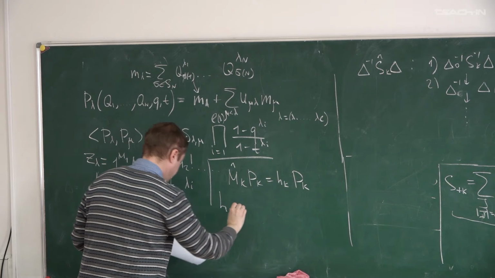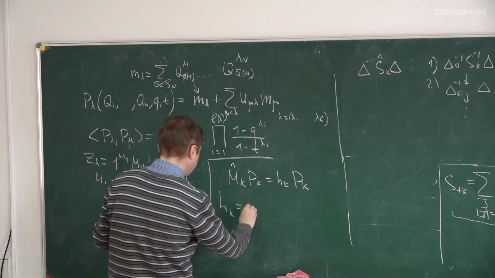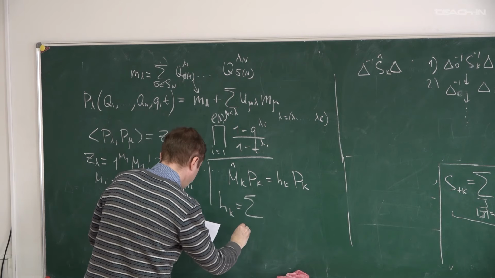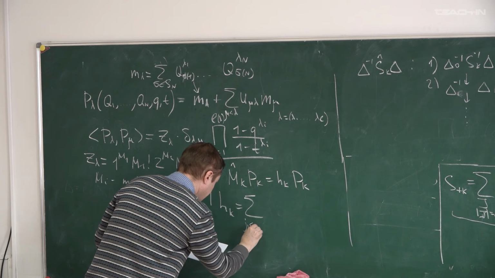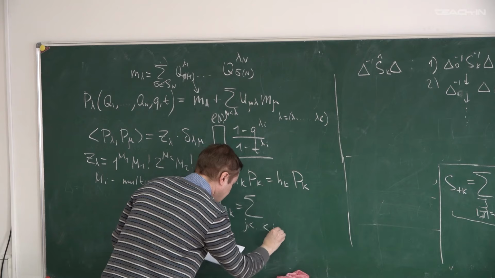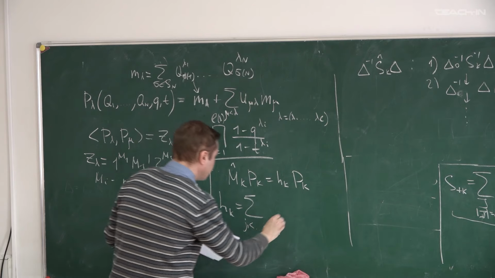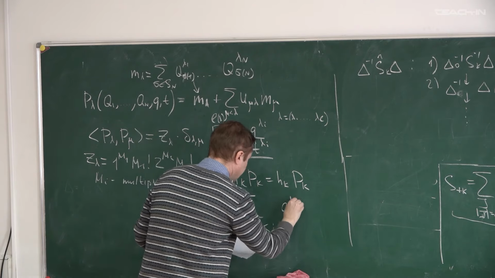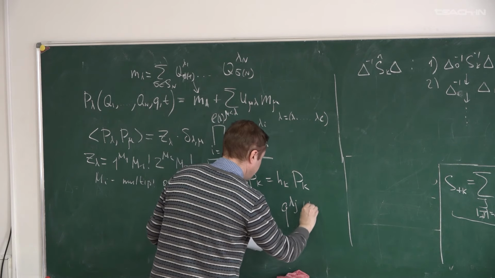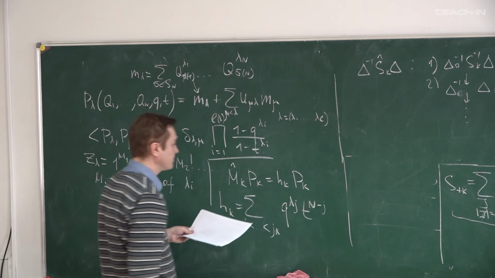This h_k is equal to the sum over j1 less than, and so on, up to jk, of q to the power of lambda j, t to the power of n minus j.